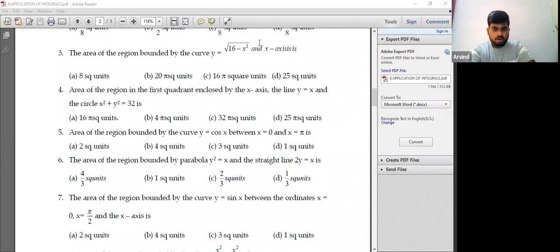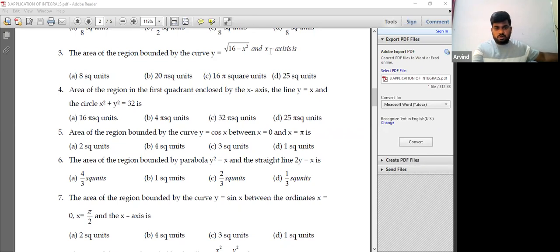Y is equal to cos x between x is equal to 0 to pi. So easy one. Okay. Meanwhile, we'll solve the next one.